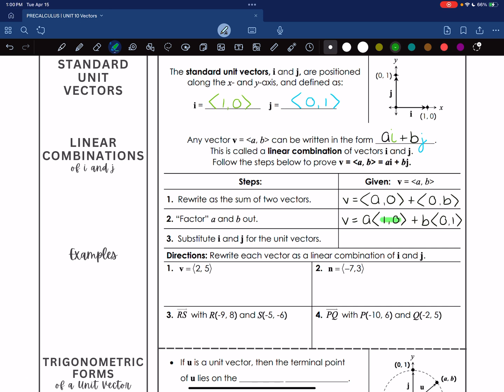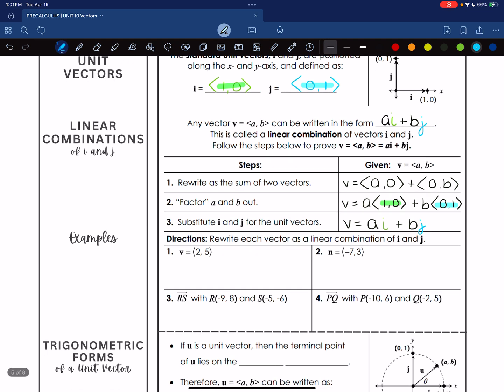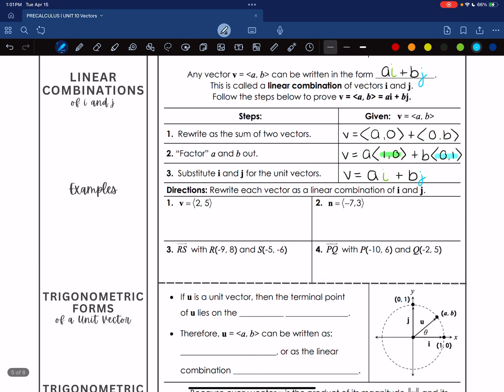That is your unit vector i. So we have a times vector i, and adding to that, b times, well, again, focus here. What is that vector? That is the definition of our unit vector j. So that's just the proof of why we can write this vector as a linear combination.